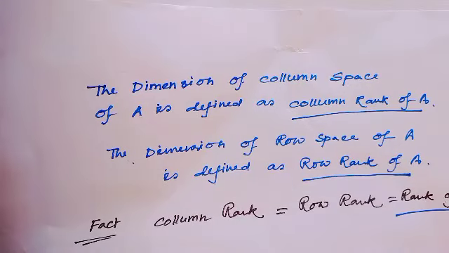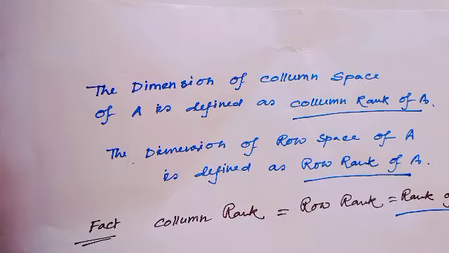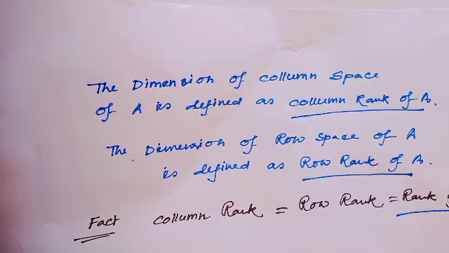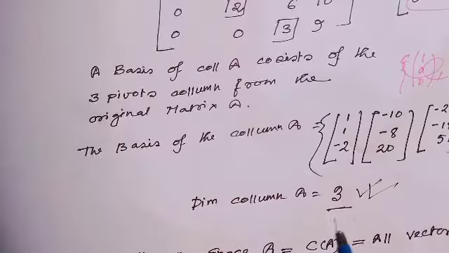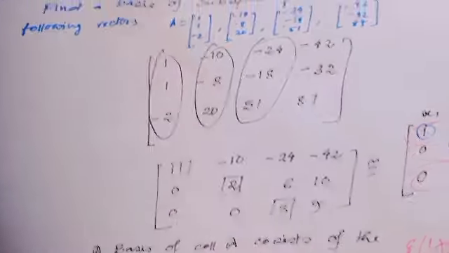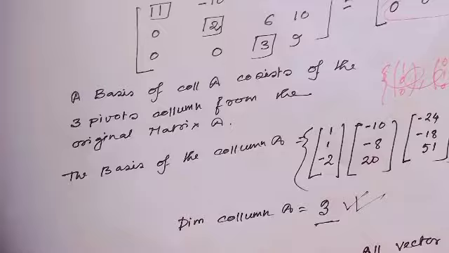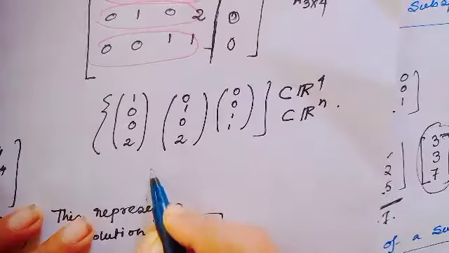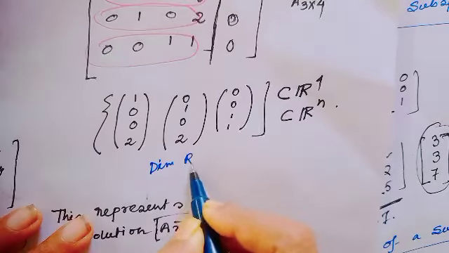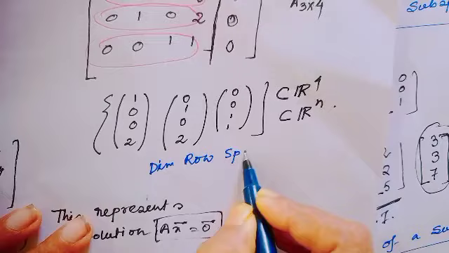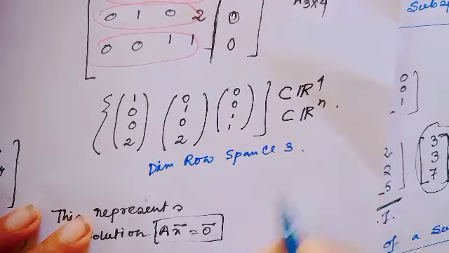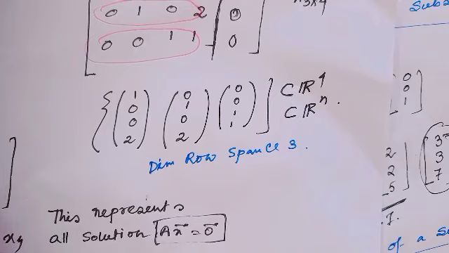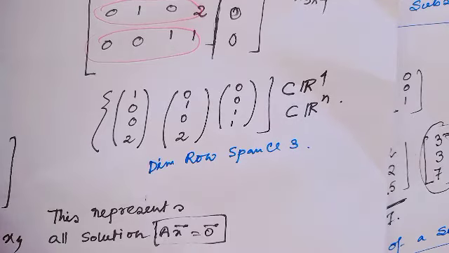Notice in the before example, here the dimension of the column space is 3. The dimension of the row space is also 3 because these contain 3 vectors. So obviously the dimension of the column space and row space are always equal.